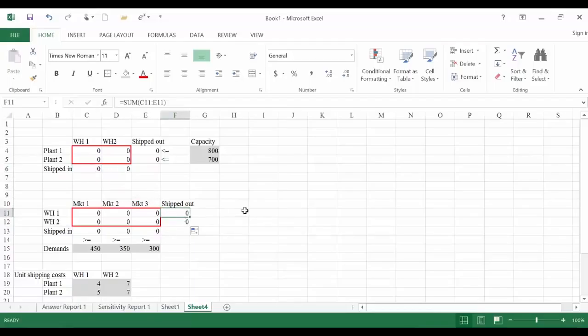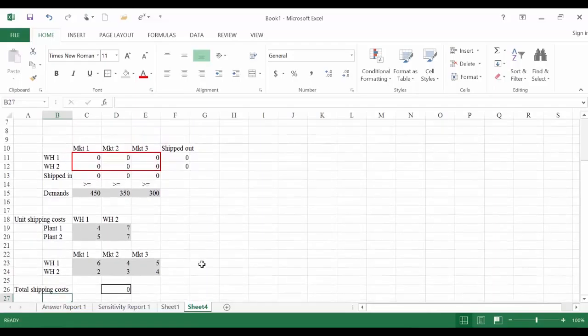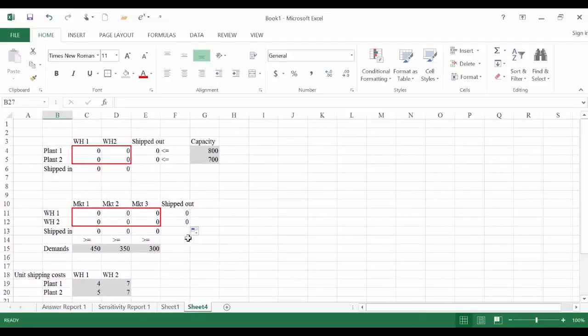And if the storage cost kicks into the picture, then we have to consider the total cost to be minimized, which equals the summation of the total shipping cost plus the total storage cost. So let's first just set the storage cost to be 0. In our case, the total amount shipped into each warehouse should equal the total amount shipped out.